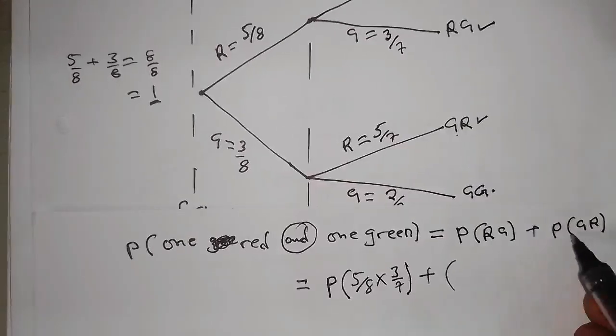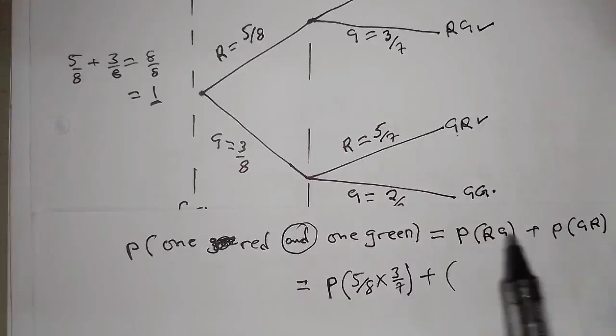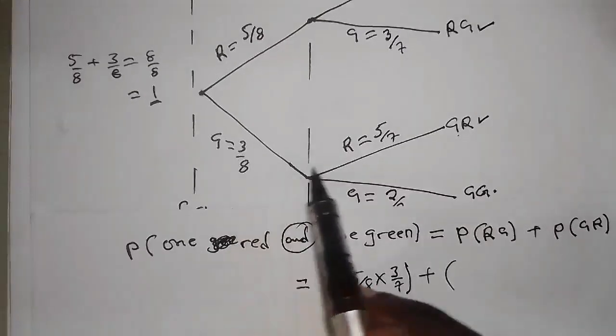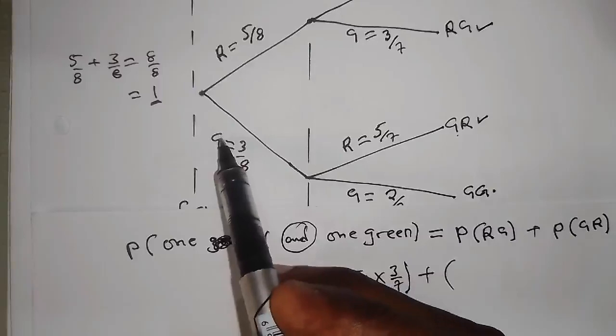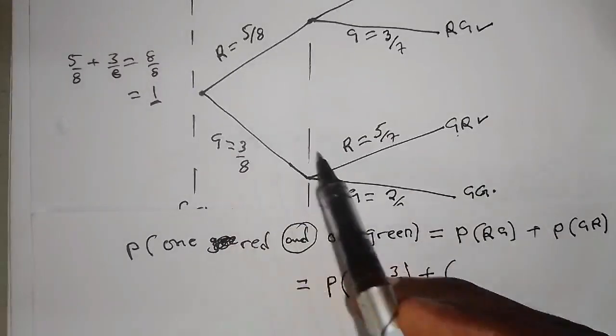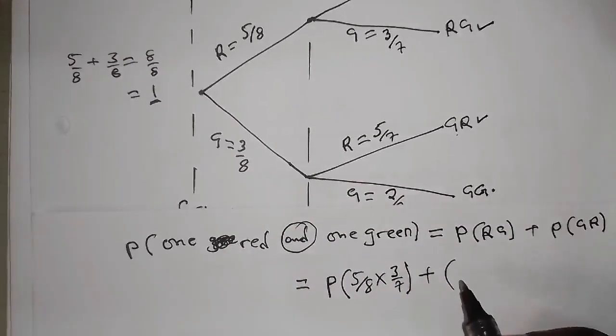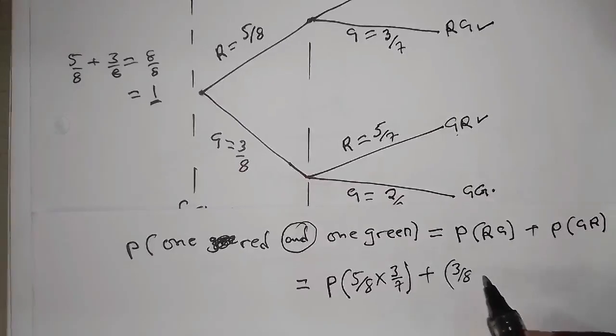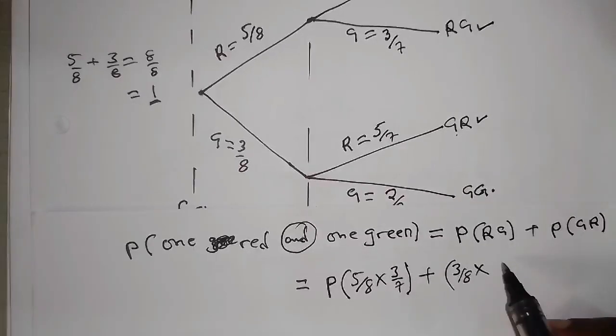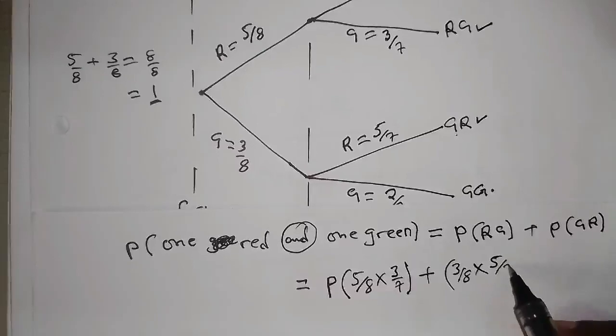then for this one, it's a green. So you're looking at this branch, this, and this. So green, red. It's going to be 3 out of 8 multiplied by 5 out of 7.